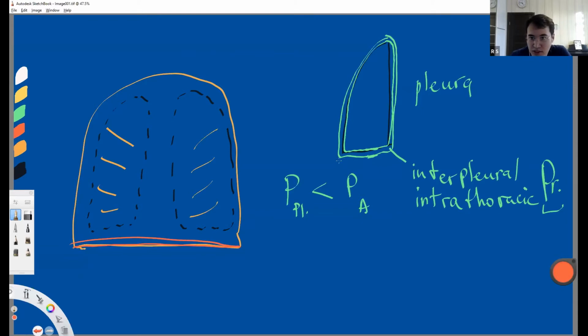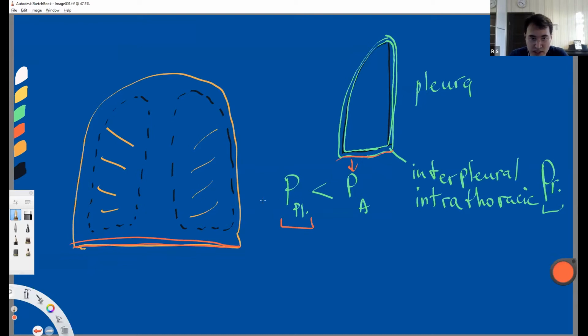And because the diaphragm is connected to the bottom side of the pleura, it kind of pulls the whole back on it and decreases the intrapleural pressure.